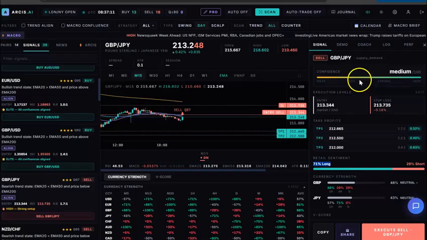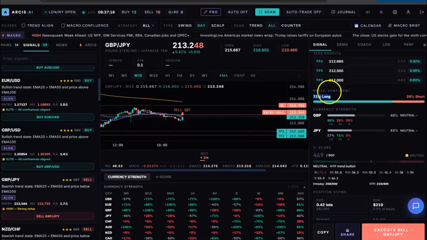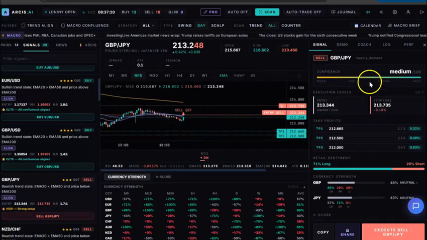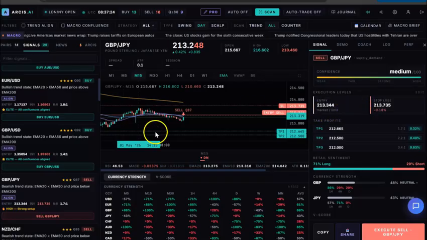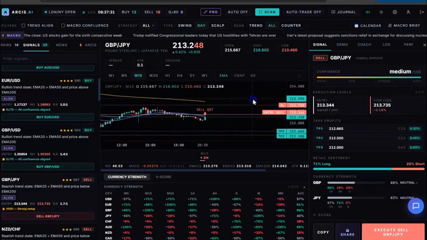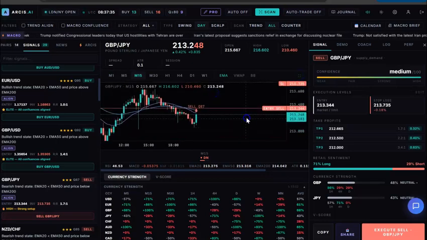To me, that would be a really good setup for me to take, just basically on that retail sentiment. And the entry level on that was 213,340. Again, this would have been the last scan on Friday, so I will wait till Monday for the first scan in the Asian session for this pair to see what actually happens.